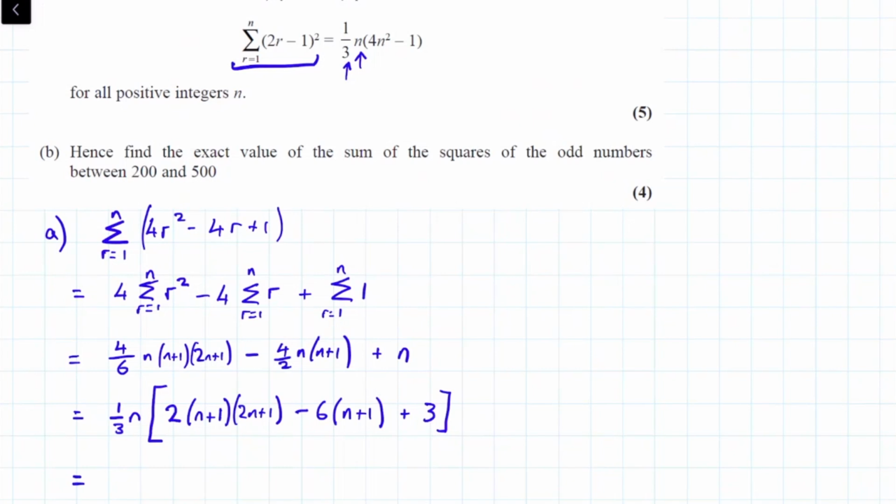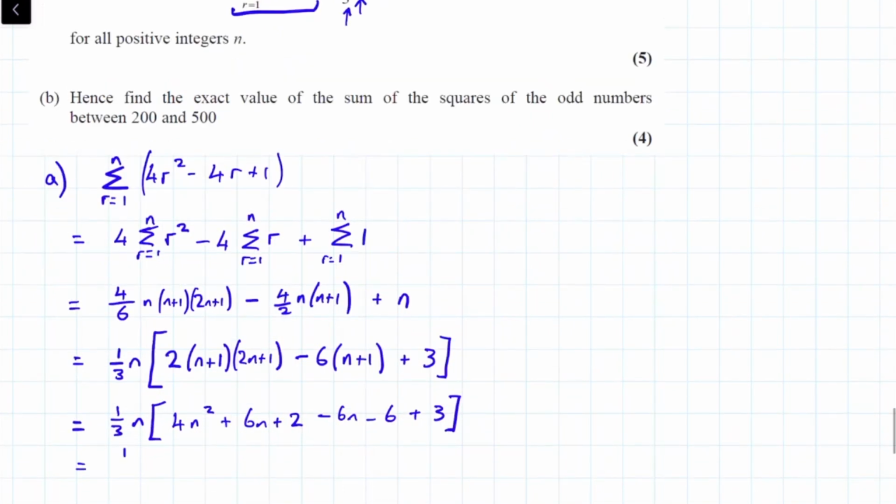Okay, from here, it's going to be a case of tidying up all of this stuff in the bracket. So let's see what happens. 1/3 n. If we open all of this up, we will get 4n squared plus 6n plus 2 minus 6n minus 6 plus 3.